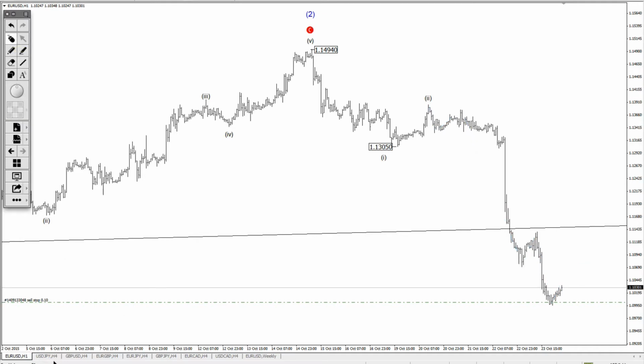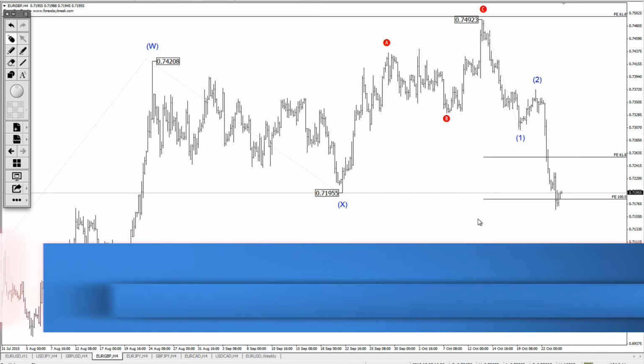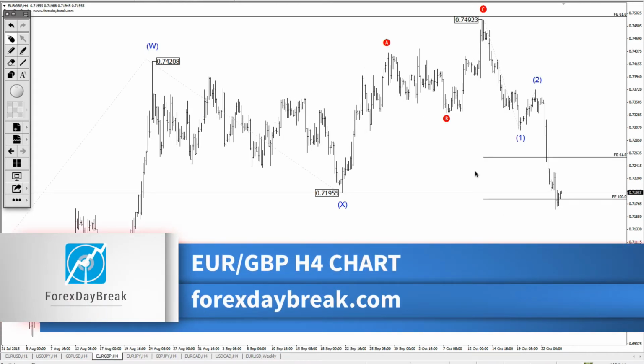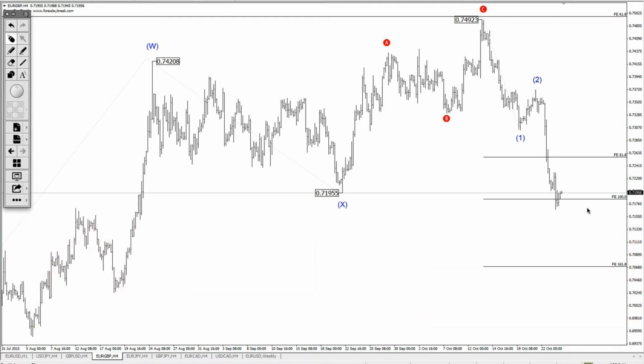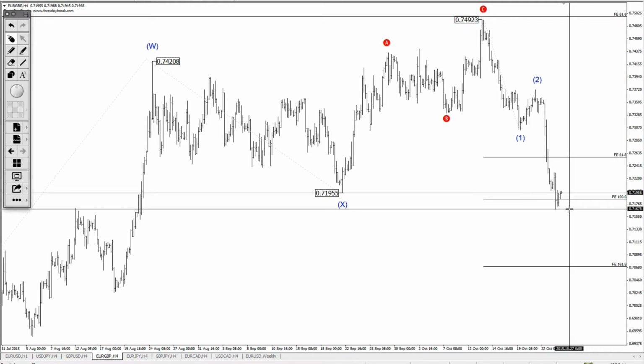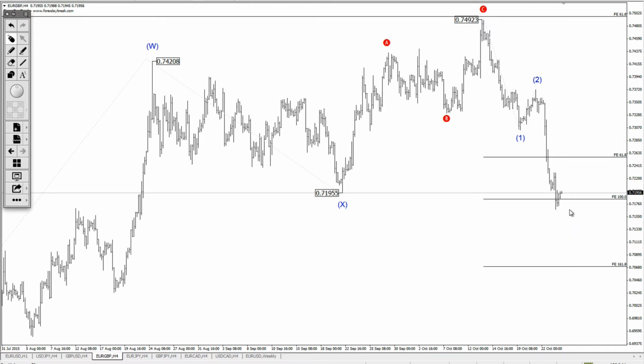Alright, next let's see Euro-Pound. We have seen a 3-wave structure at this point in Euro-Pound, which stopped right around the 100% Fibonacci expansion level, which I have on my charts. The low we got on Friday is 0.7167.